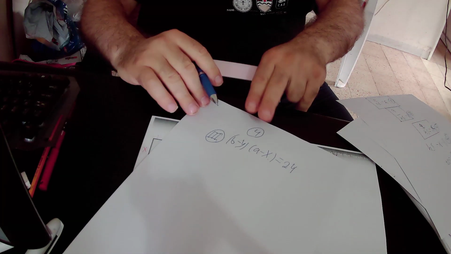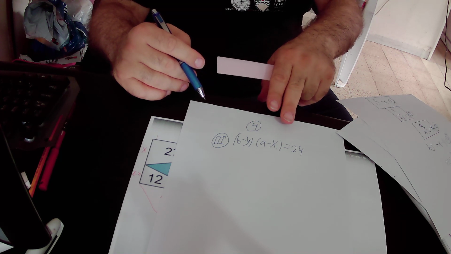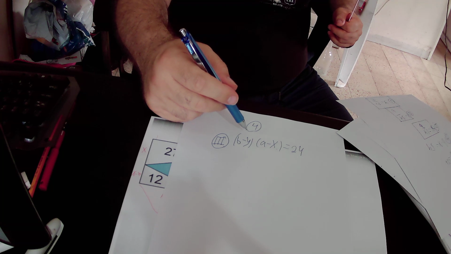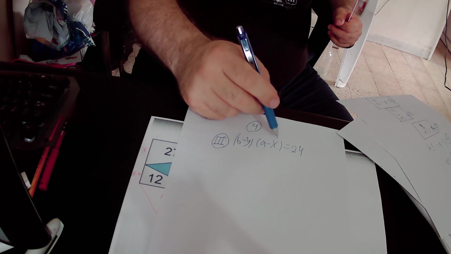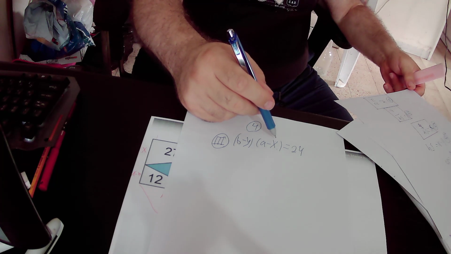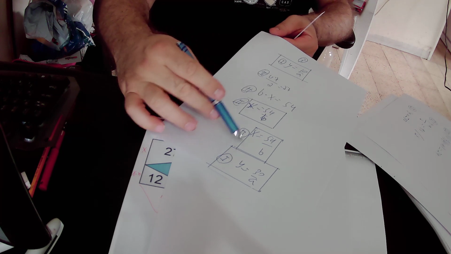Okay, this is the third equation: b minus y times a minus x equals 24. So we'll substitute y by 30 over a, and we'll substitute x by 54 over b. Okay, this is x and y.